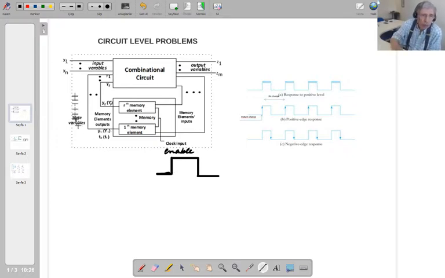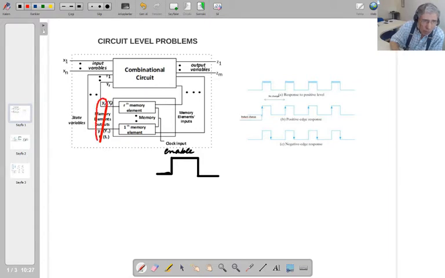What is this problem? This dotted frame shows the sequential circuit. How does this sequential circuit work? Here we've got small y's.